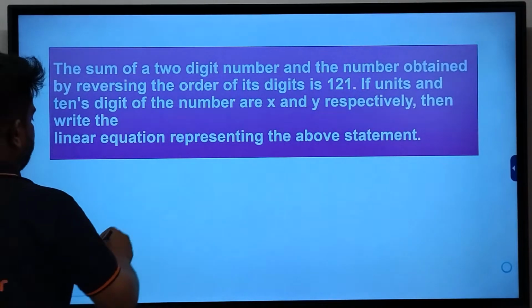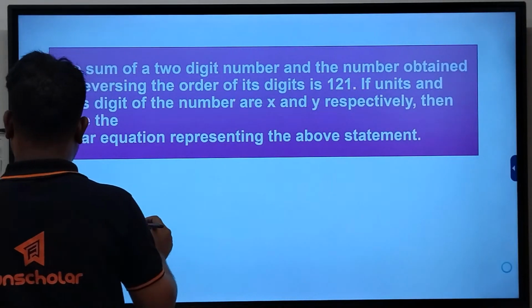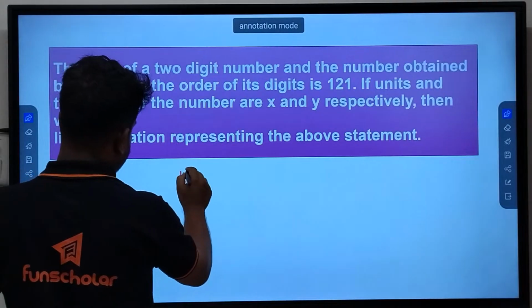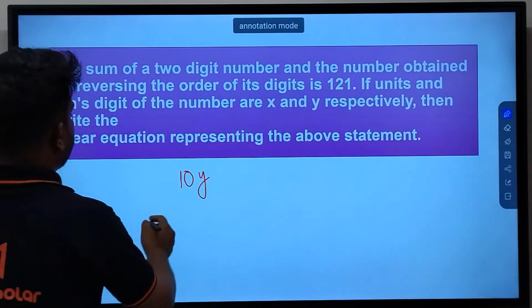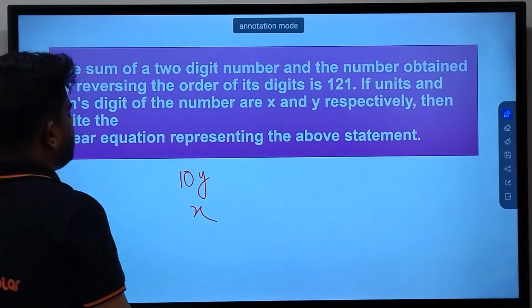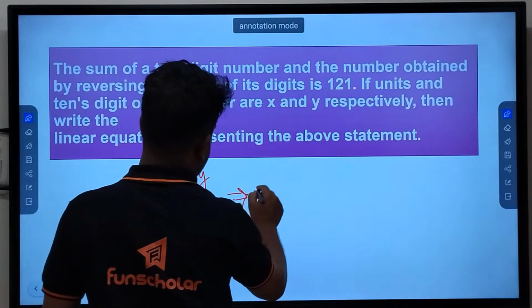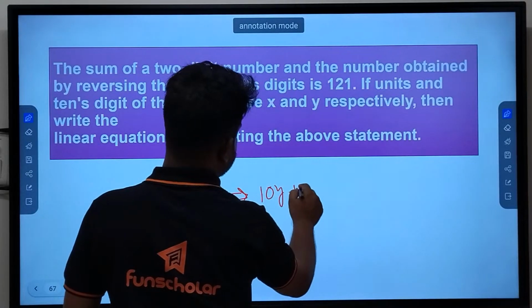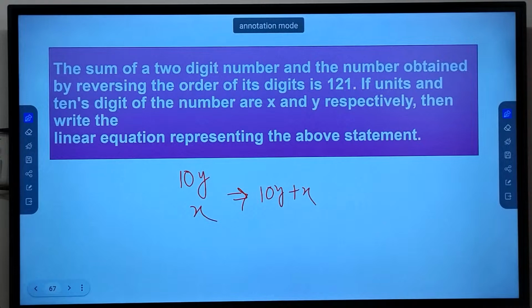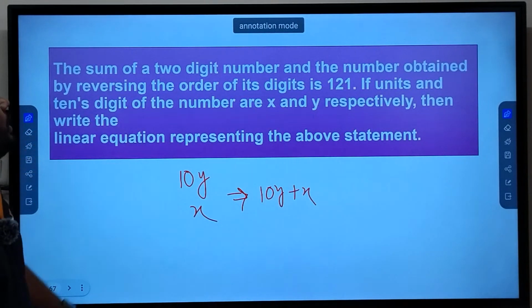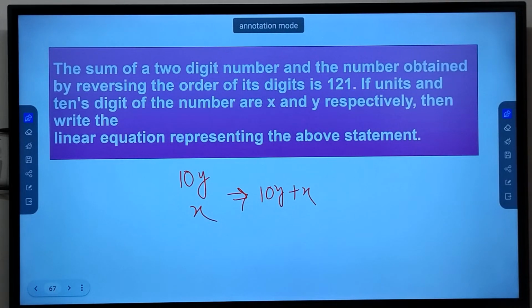Again, one number will be 10y and one number will be x. So the number will be 10y plus x, just like the last one. Okay, the sum of a two-digit number and the number obtained by reversing the order.